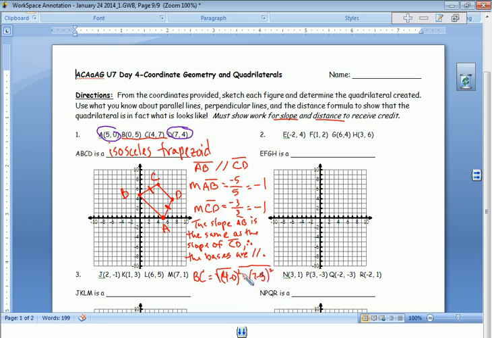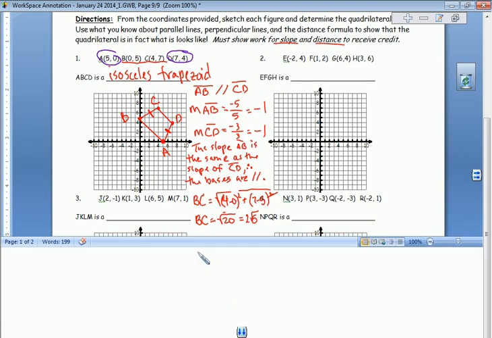Well, this is 16, and this is 4, so BC is the square root of 20. Ooh, yay, I get to practice simplifying radicals. What does the square root of 20 simplify to? 2 roots of 5. Good. 2 roots of 5. All right. Okay, so now I found BC. You guys find AD.